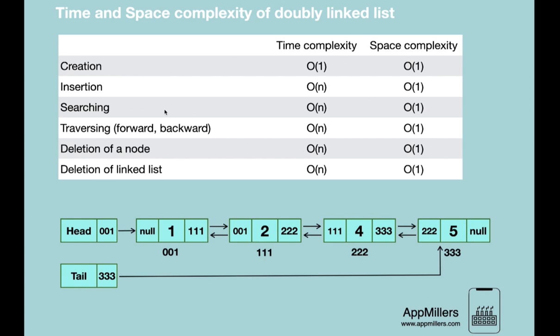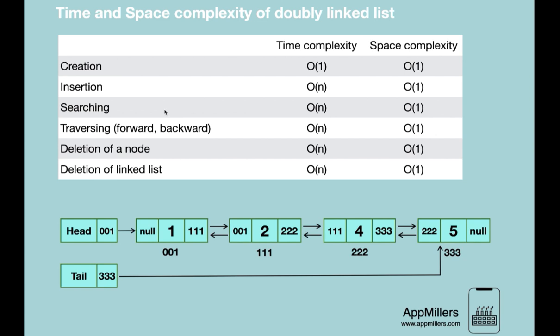Now the next operation is deleting a node from double linked list. So we know that we can delete a node in three different places in double linked list. Deleting a node from the beginning of double linked list takes O(1) time complexity, but deleting a node from the middle of double linked list takes O(n) time complexity, because here we have to traverse through the elements to find the element that we want to delete.